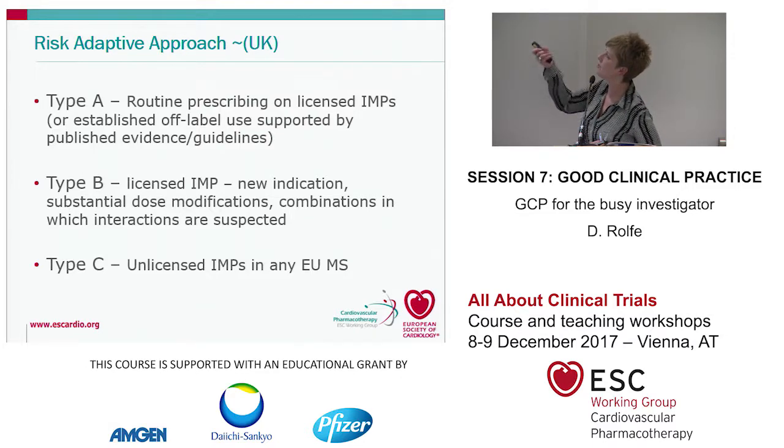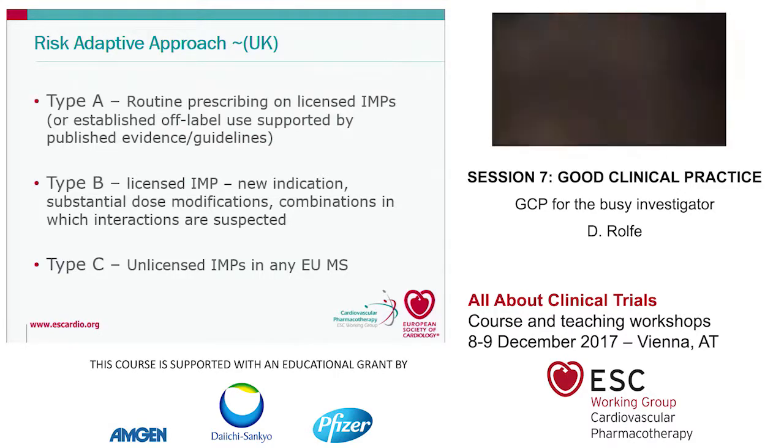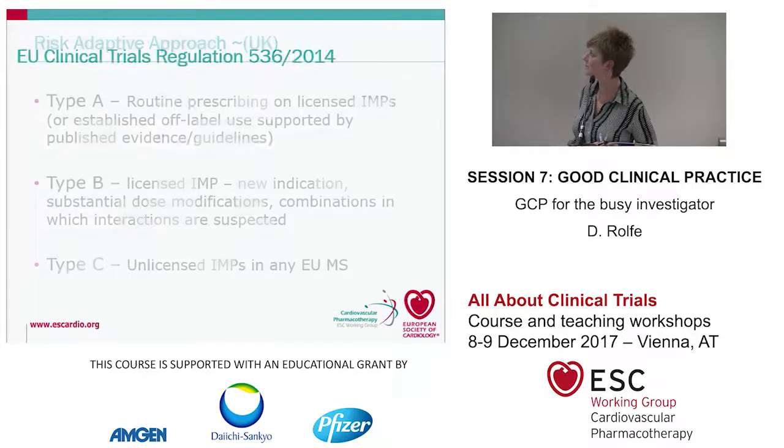So it's the routine prescribing on licensed drugs or the established off-license or off-label use, supported by published evidence. You've then got the type B, so you're looking at a licensed drug with a new indication or different dose or route of administration, or combinations in which interactions are suspected. And obviously you've got the type C, which is your classic unlicensed drug in any European member state.